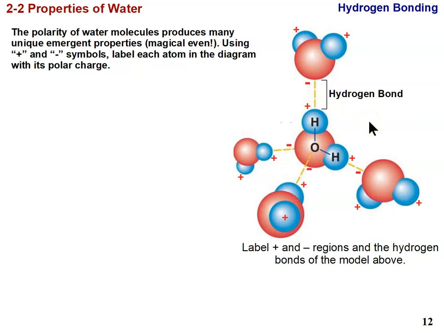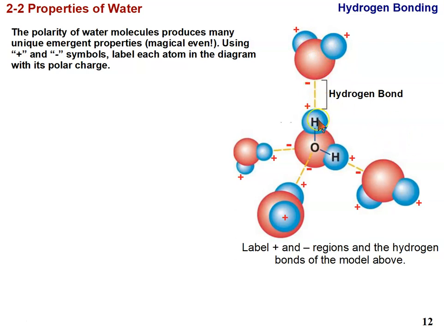So we've seen 2 kinds of chemical bonds, ionic bonds and covalent bonds. That's between atoms. And we've also seen 2 relatively weak forces between molecules, van der Waals force and now hydrogen bonding. And those are weak forces between molecules that result from the uneven distribution of charge in the molecule.